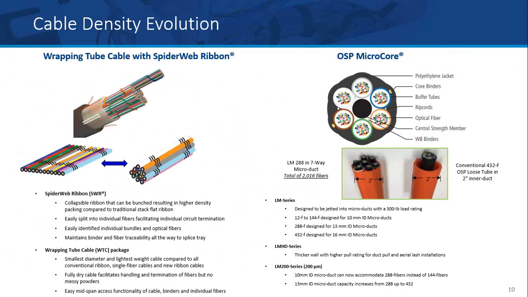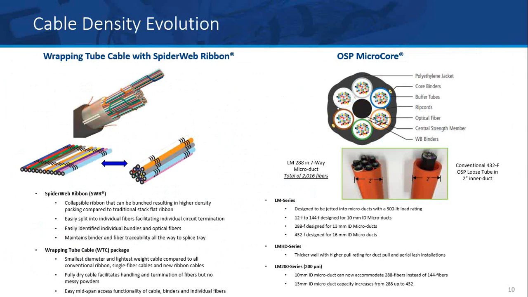Whereas if going with an LMHD, you can potentially override or do an overpull situation where you could rod in a pull string and pull an LMHD cable because of its smaller diameter size. We achieve that by packing the tubes more dense and having smaller buffer tubes, just an overall smaller packing structure.